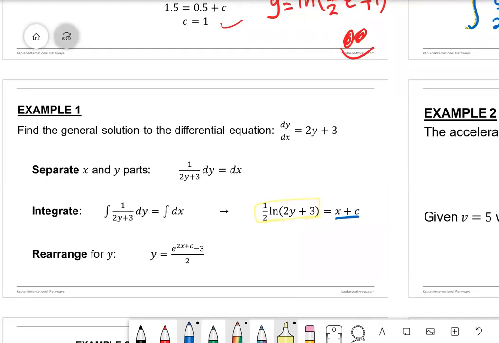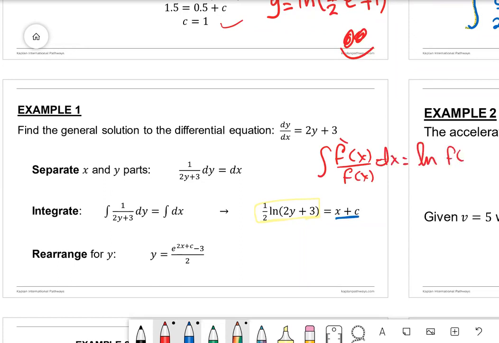Because if you remember, the integration of f prime x, or f dash as some of you call it, over f x dx equals ln f of x, and divided by the derivative of x as well, if there is any.